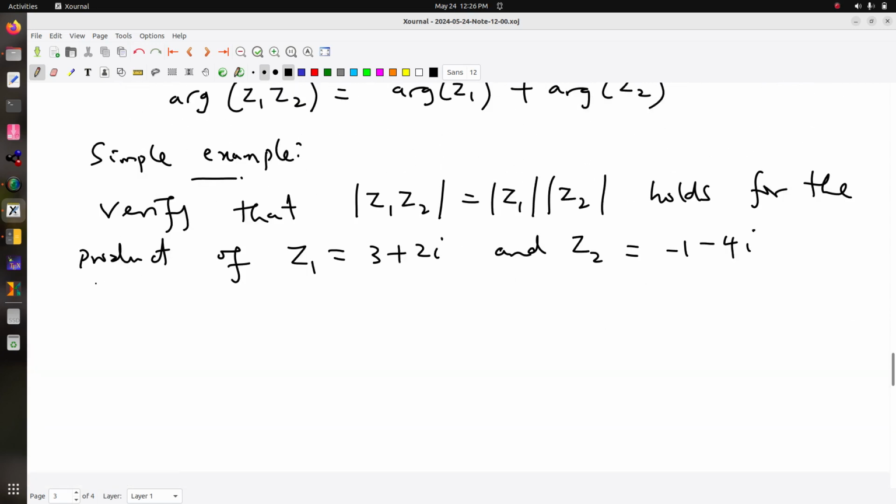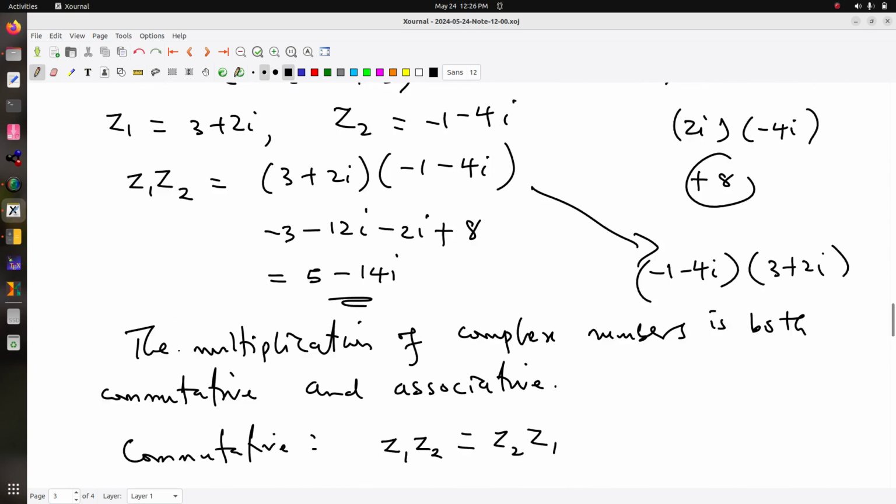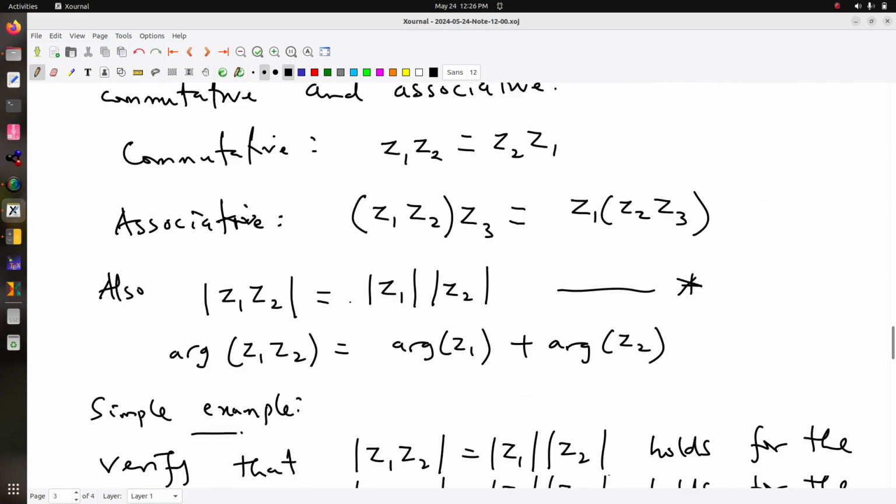Okay, now, we want to verify if this claim holds, using z1 equals 3 plus 2i, z2 equals minus 1 minus 4i. Now, we have already found the product of z1, z2. We got 5 minus 14i.